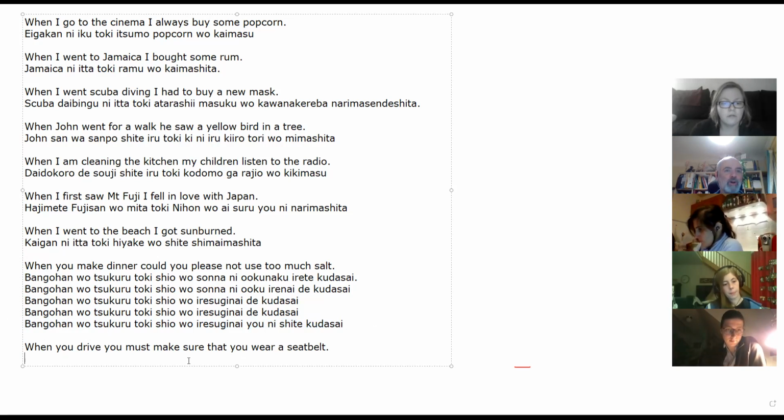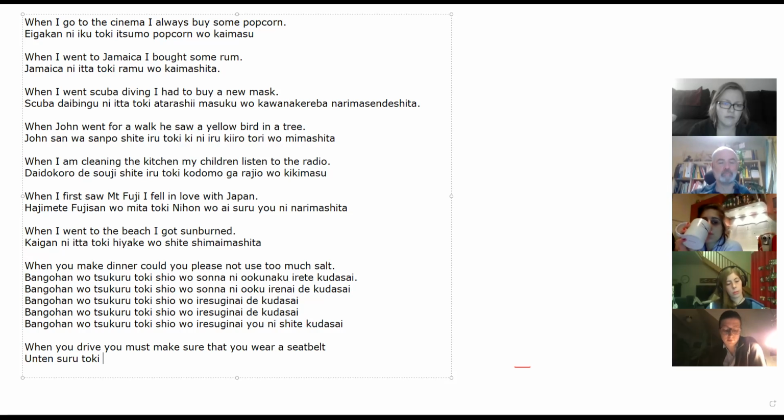David, when you drive, you must make sure that you wear a seatbelt with all the trimmings, please. Oh dear. When you drive, 運転するとき. Good. Make sure.